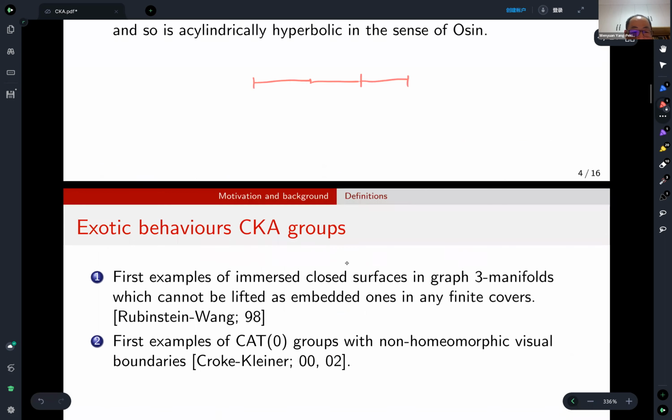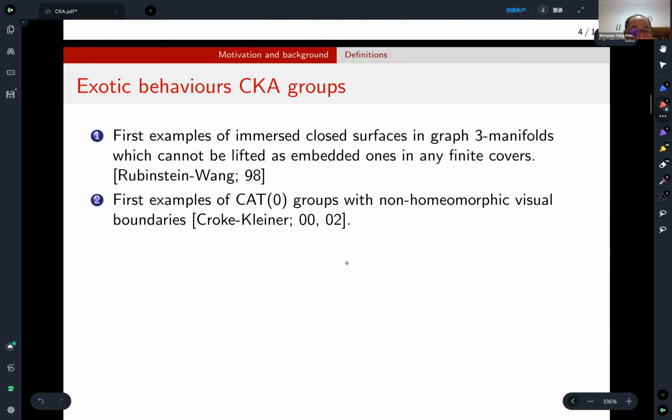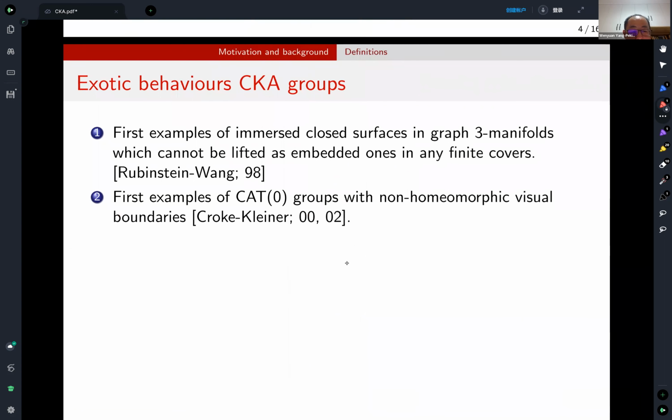The CK groups turn out to exhibit many exotic behaviors. For instance, the first example of immersed closed surfaces in graph manifolds which are not liftable as embedded ones in finite covers was first constructed by Rob Kennedy and Wang.